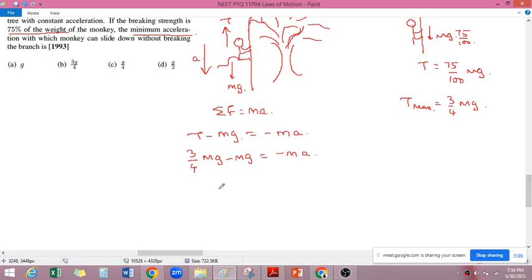This will be minus 1 by 4 mg, 3 minus 4, so 1 by 4 mg, equal to minus ma. Minus minus cancels. So a is equal to g by 4.